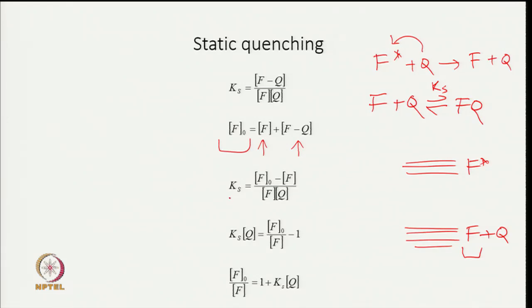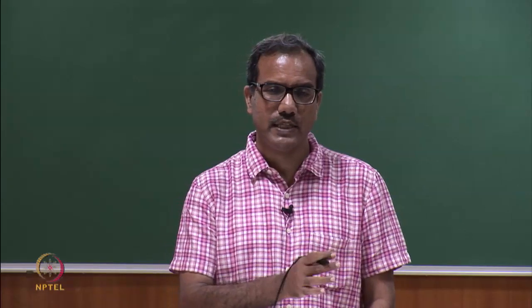So, if I replace FQ by F naught minus F, then Ks is equal to F naught minus F divided by F into Q. And so Ks into Q is equal to F naught by F minus 1, and F naught by F is 1 plus Ks Q. So, we have another equation which is quite similar to the Stern-Vollmer equation for collisional quenching, and when we plot F naught by F versus Q, it will be a straight line in case of static quenching.